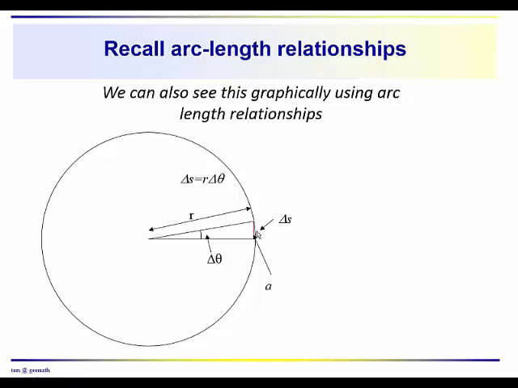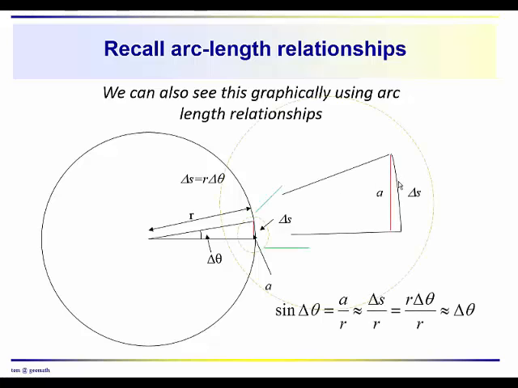Now notice that delta s and this quantity a are almost equal to each other. So if we take a close-up view, this is going to be a little bit longer than this, but we're looking in the limit that delta theta goes to 0.